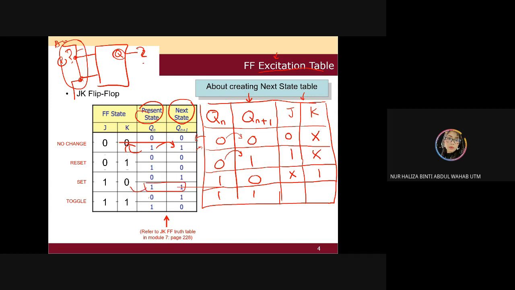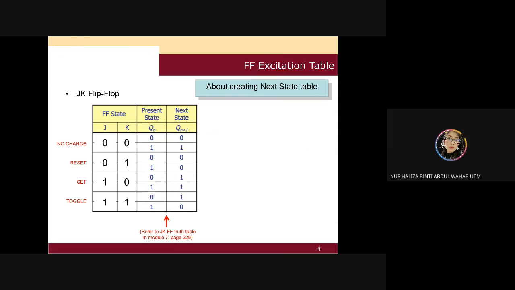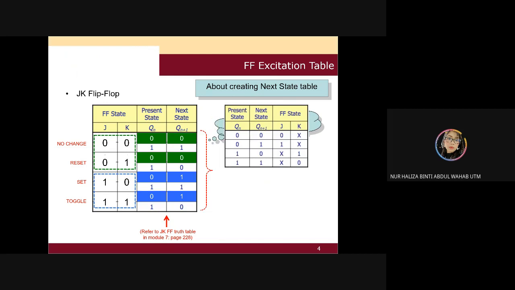So we have J is 0, K is 0, and J is 1, K is 0. So we assume K is always 0 and J is X. So you can come up with this excitation table for JK.